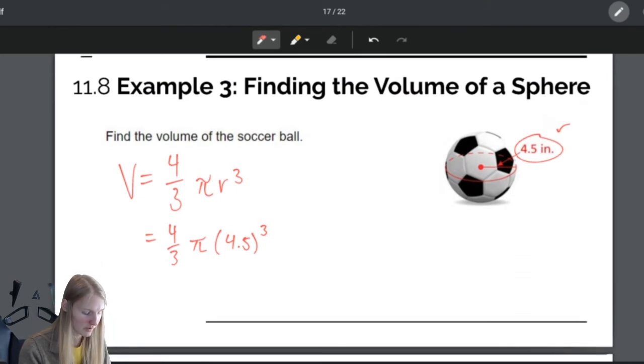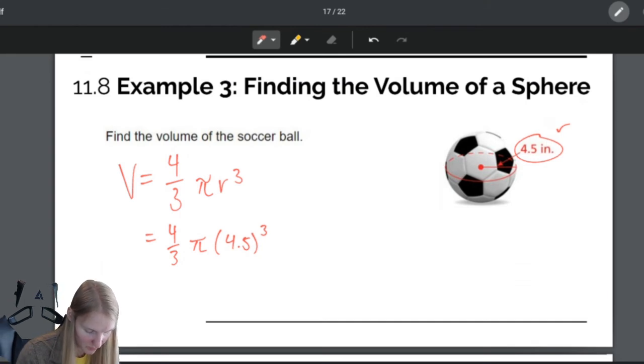So we'll do 4.5 cubed, and then we'll multiply that by 4. 91.1 times 4, and then is that divisible by 3? It is divisible by 3. Beautiful. So I just multiplied. I took this, multiplied it by 4, divided it by 3, and we get 121.5 pi.